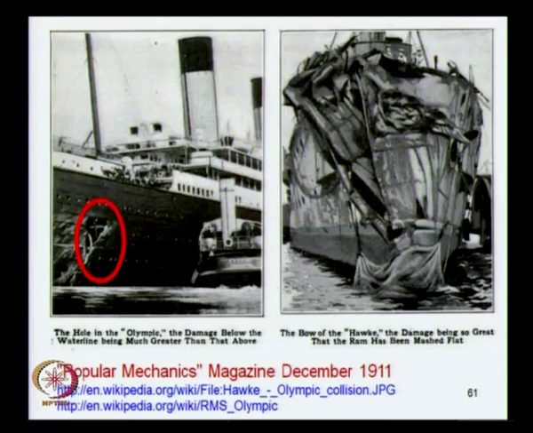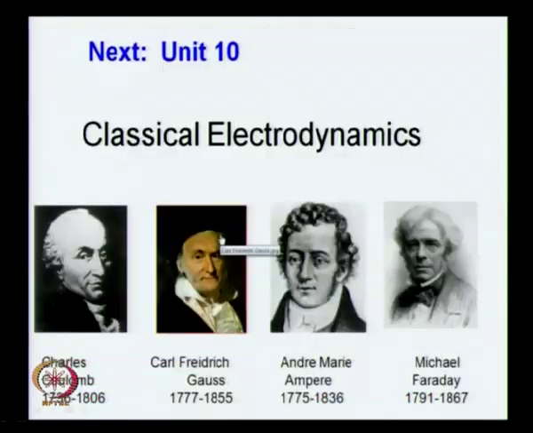So here is the damage that you can see, and in the next unit we will apply vector calculus to classical electrodynamics, which is an essential part of classical mechanics.